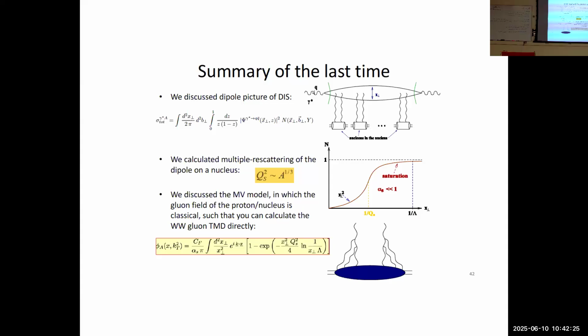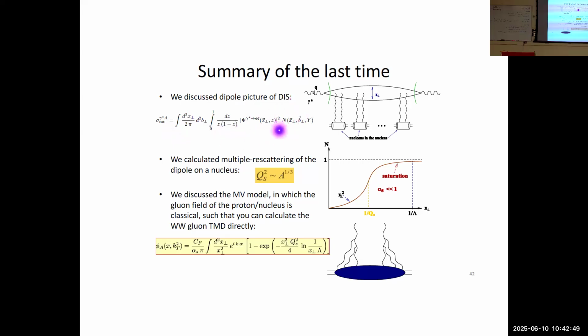And then we had this cross section of a dipole scattering on the nucleus as a function of x perp and s. Right, so this is the formula we wrote, and that is the formula we wrote. If you plug in the cross section on the right into the expression on the left, you're going to get that formula over there, right?